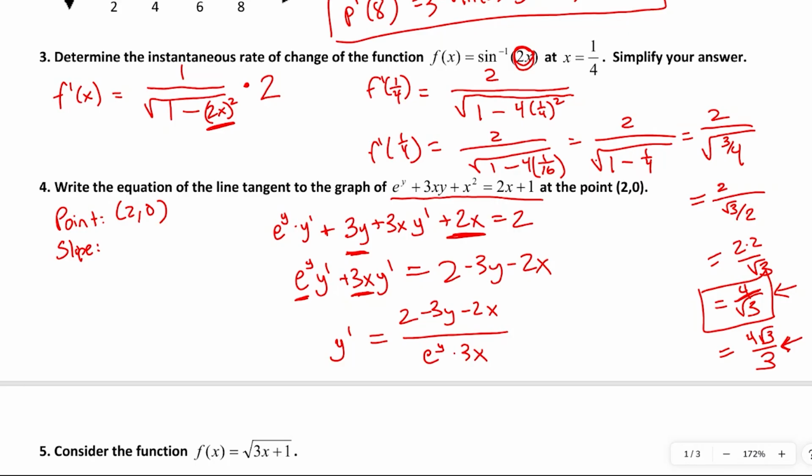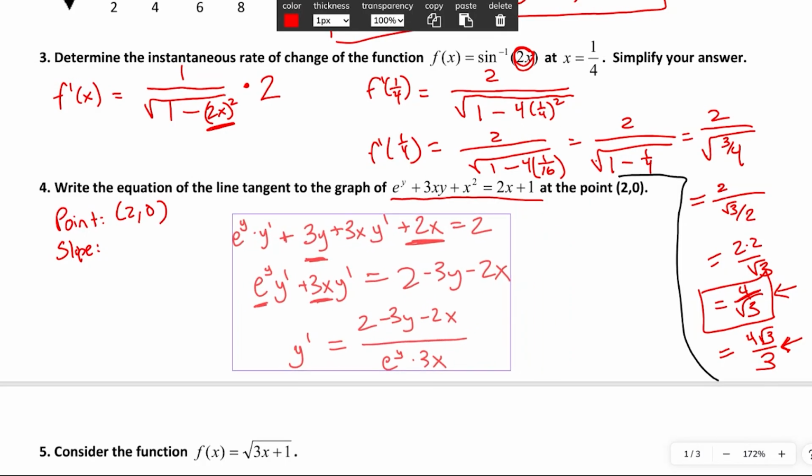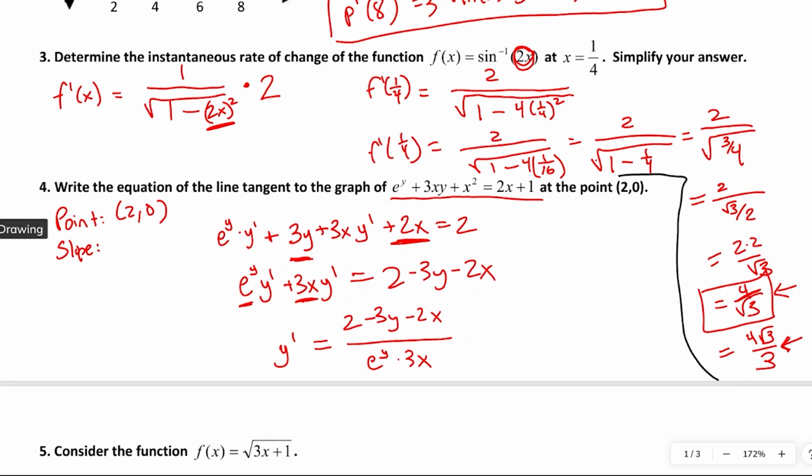Whew, all right, so let's find the value of this derivative at 2 comma 0. Okay, so let's see. What I want to do here is block this off because this problem took up a lot of this space. And I'm going to move all this over a little bit. And there we go.